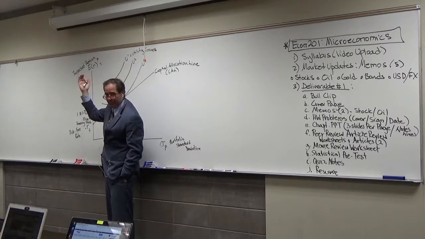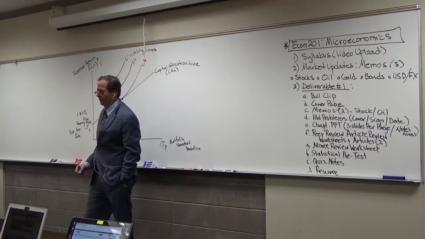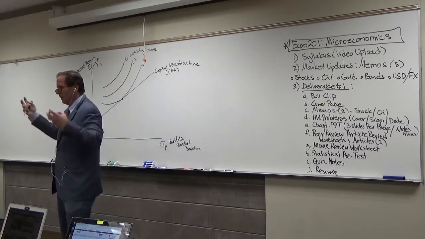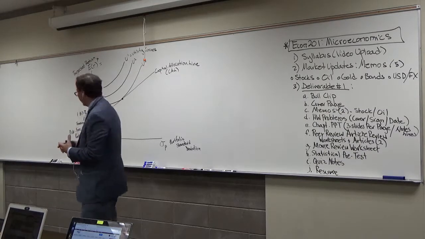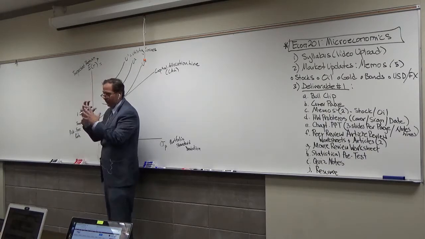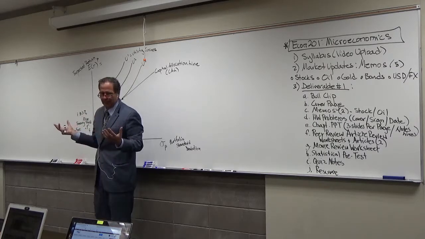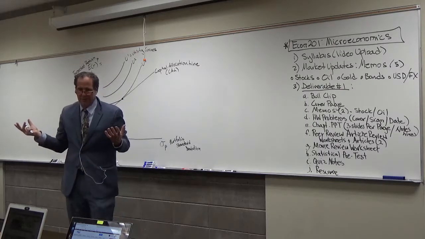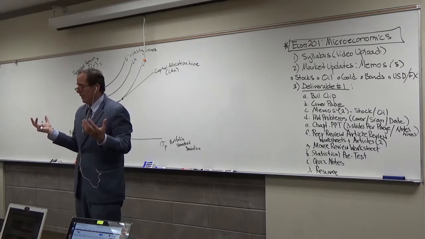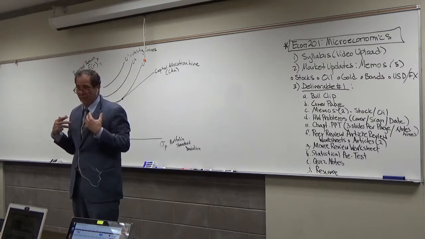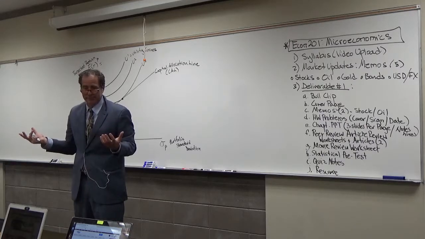Would that be awesome? Yeah, but unfortunately there are no assets available in the marketplace that I can put together as a portfolio that's going to give me a high return and zero risk. There's nothing. So as an investor, I'm going to have to take on some risk, and if I'm going to take on risk, I want to be compensated with higher return.